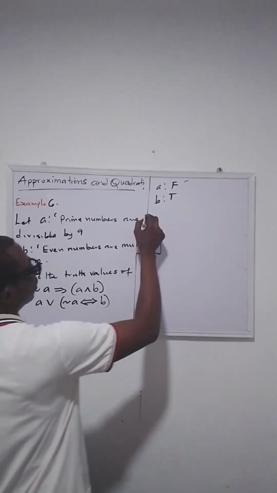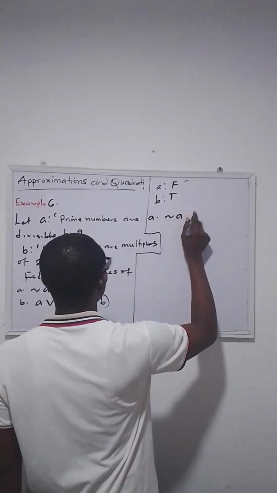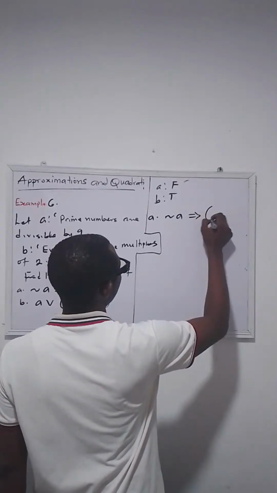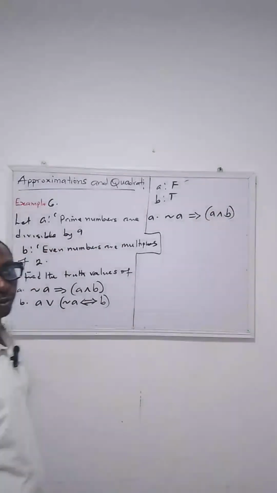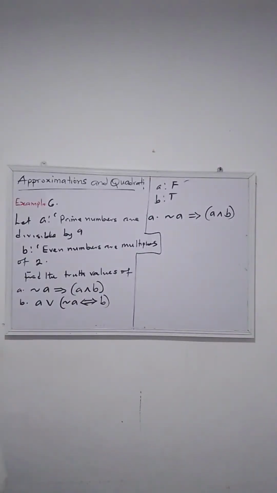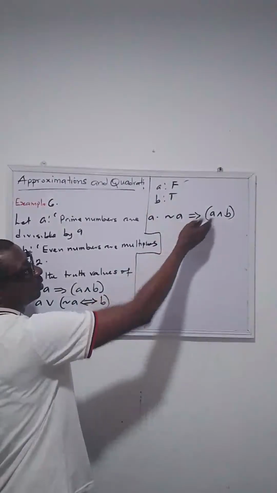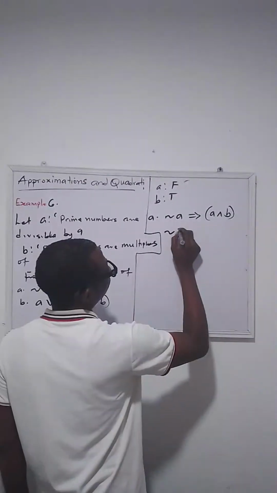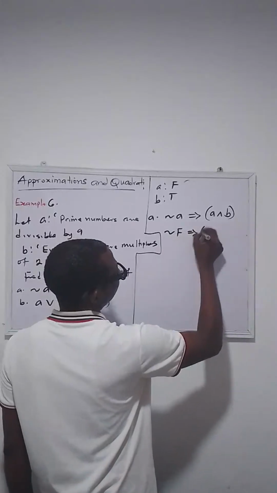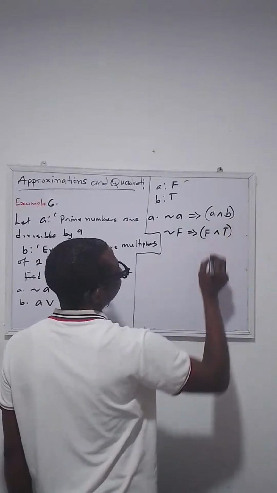Now, we have to find the truth value for these propositions. The first one, we have negation of A implies A and B. What do we do here? We plug in the truth values of A and B into this proposition. So we have negation of false implies false and true.